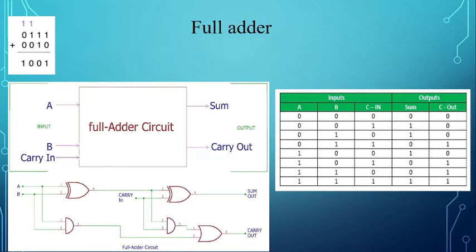Carry in is 1, A is 1, B is 0. That is the third one from the bottom in the truth table. So here the sum is 1, but there's a carry out.